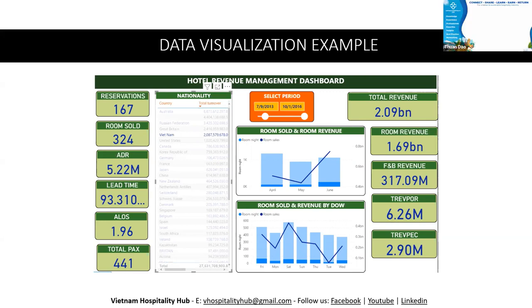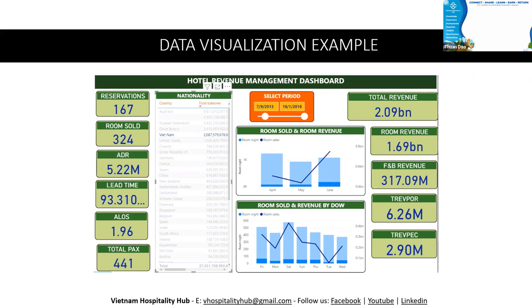All right, so this is what we call data visualization. When you visualize in this way, you can read the data so that you can understand the insights of the business. Here you have the number of reservations, room zone on the left-hand side, the ADR, the lead time. Lead time means how long in advance the guests make the booking.